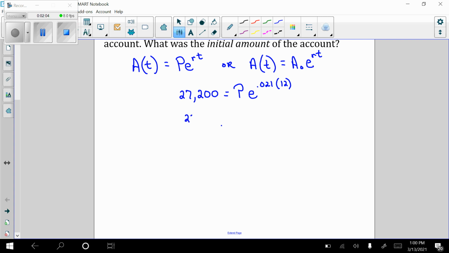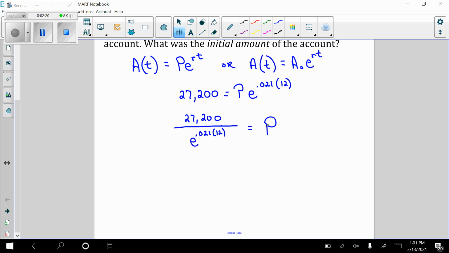So I have 27,200 divided by e to the 0.021 times 12. So essentially that is the problem you have to solve to get your beginning amount. So one thing you can do with your calculator is go ahead, you could do it in this form.